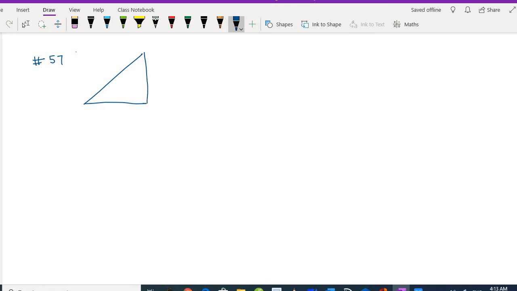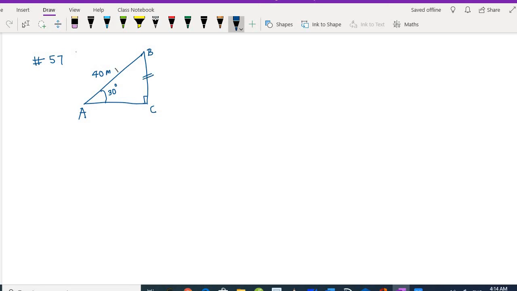And this triangle is ABC. We are told that AB is 40 meters, and this angle here is 30 degrees. And we are asked to find the length BC. That is this side here.